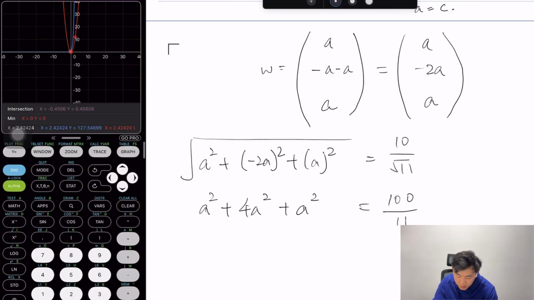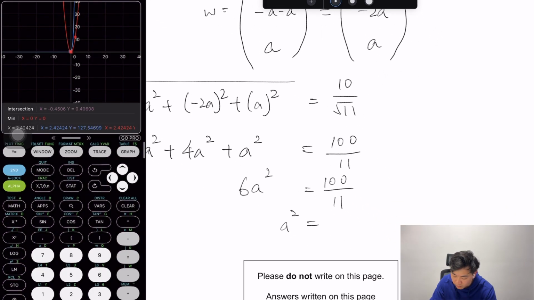How many here? This is 1, this is 4, which is 5, 5 plus 1 is 6. So 6A squared equals 100 over 11. A squared is equal to 100 over 11 divided by 6, which is 50 over 33.